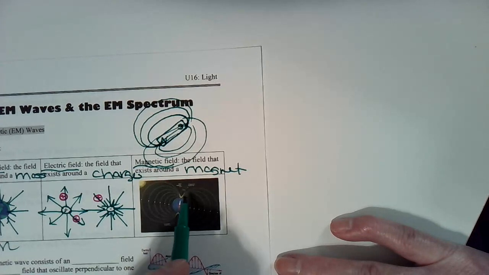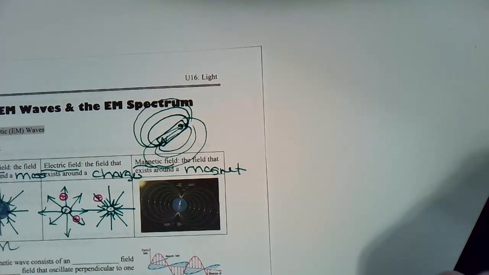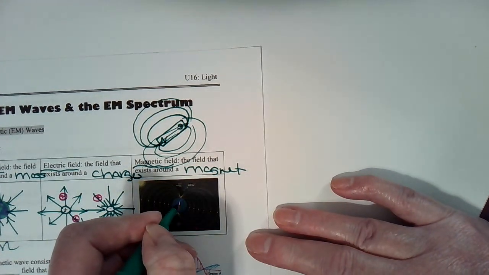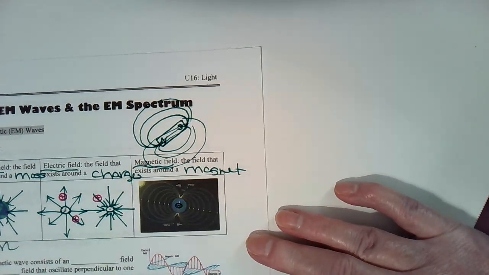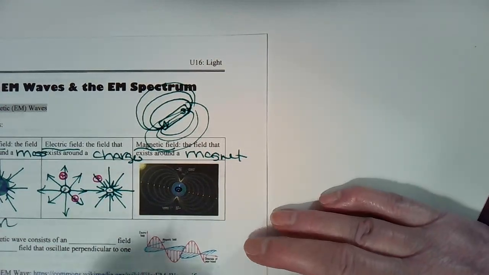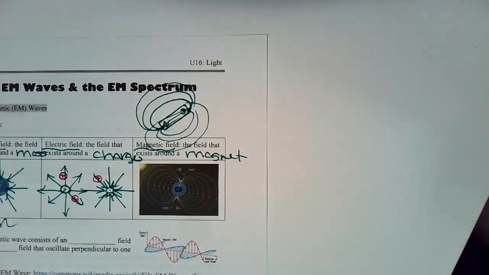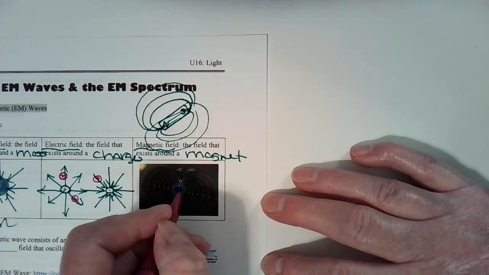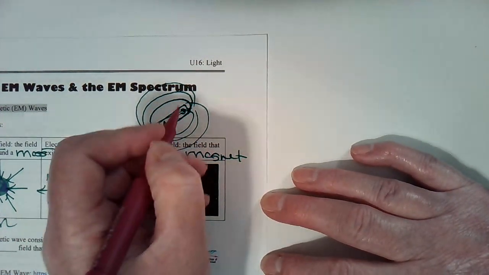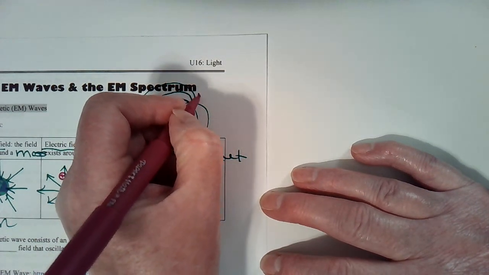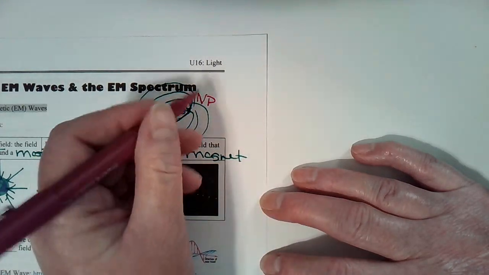So this is a picture of our Earth. And you may have heard the phrase before that our Earth has an iron core. Well, iron is magnetic. So the core of our Earth can be thought of like a bar magnet that has a north pole and a south pole. But if you looked at the iron core of our Earth, the south pole side actually is our north pole of our planet.